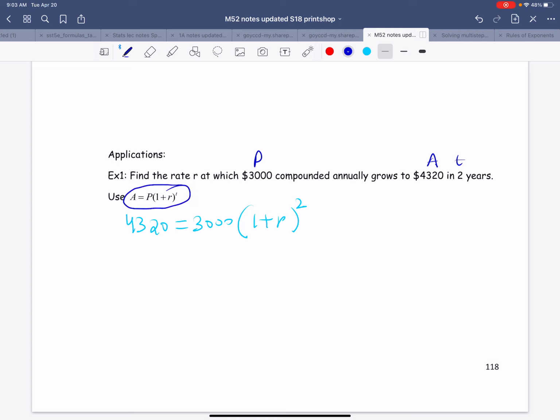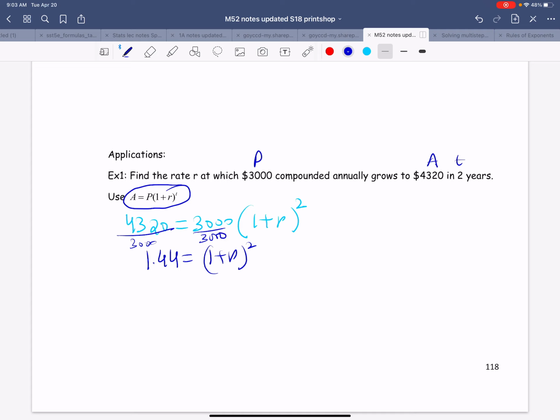So now we want to solve it for R. Looks like I'm going to isolate the quantity squared first. So 4320 divided by 3,000 is equal to 1.44. That's 1 plus R squared. So I divided both sides by 3,000 to isolate my quantity squared.